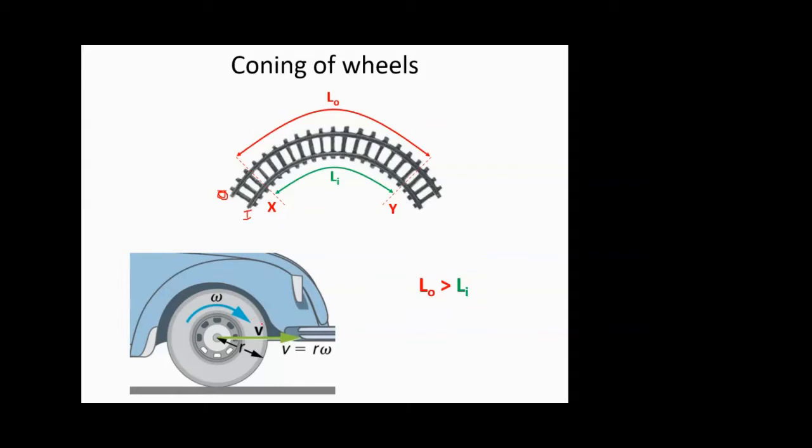Angular velocity comes into the picture whenever there is an object which is rotating about a common axis or one particular axis. In the case of the car, this red dot is the axis around which your wheel rotates, and due to that rotation, your vehicle goes in the forward direction as shown by this green arrow.